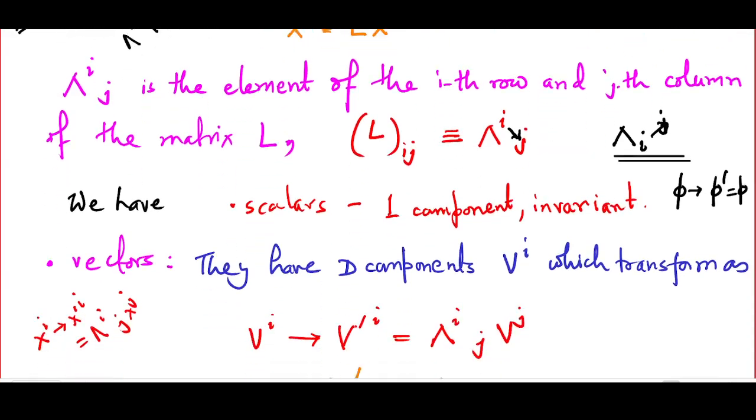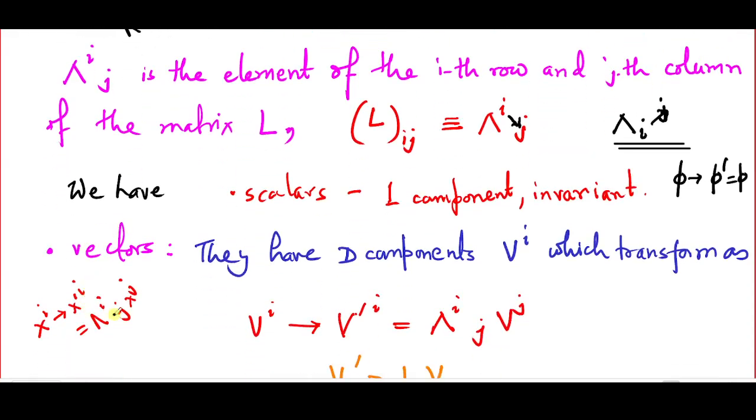So when the coordinates xi goes over to x prime I given by lambda ij xj, the d components of the vector v, v1, v2 all the way up to vd, they change in the following manner.